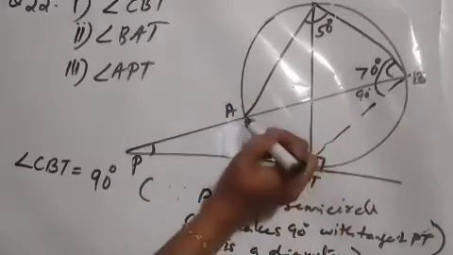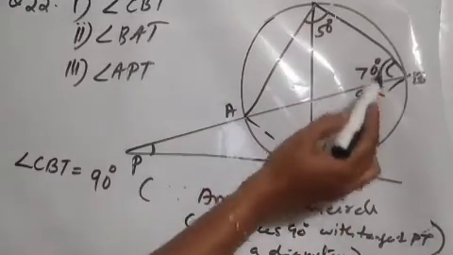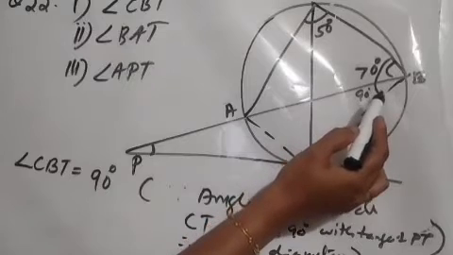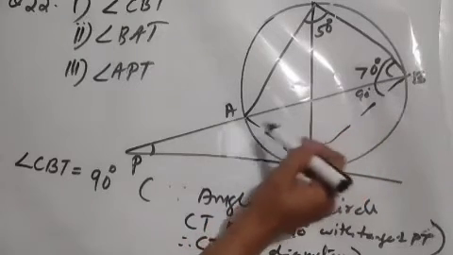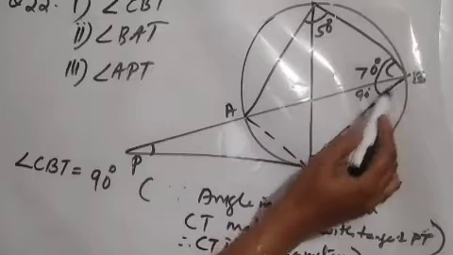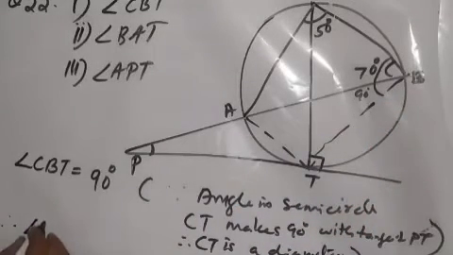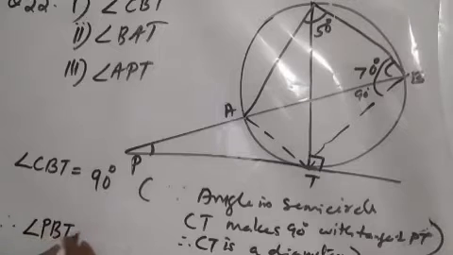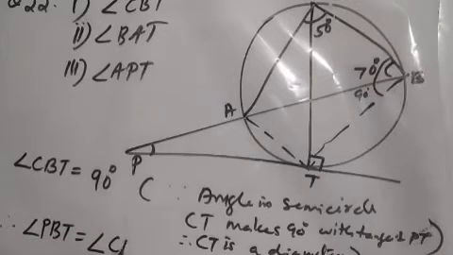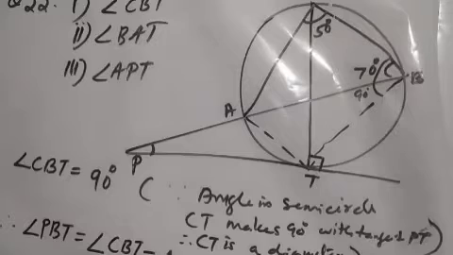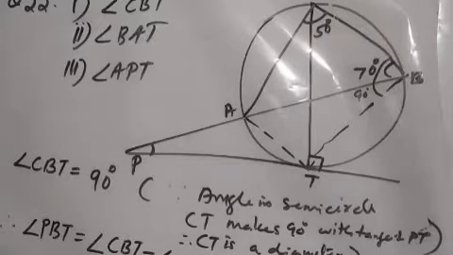ABC is 70 degrees. So what about this portion? This PBT. Angle PBT is angle CBT minus angle ABC.